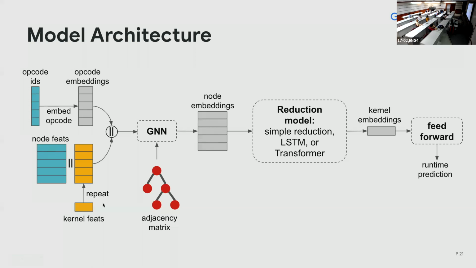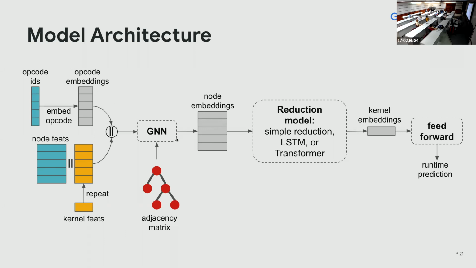And then we also talked about configuration for the graph, whether it is a per node or per graph feature configuration like tile size. These can be represented by repeating the feature and concatenating them with the node features. And so these are the input that we then feed to the GNN model.